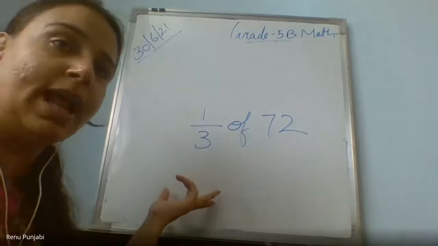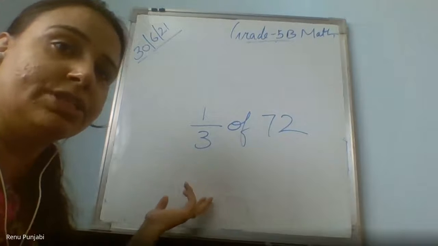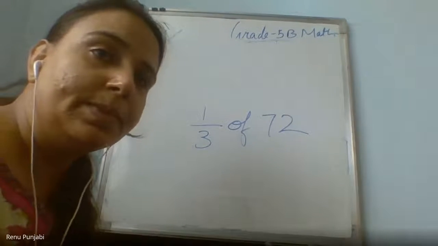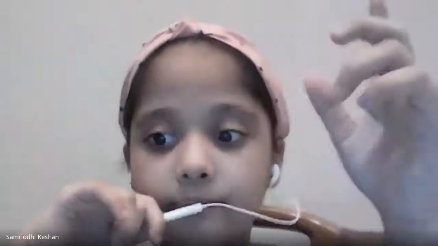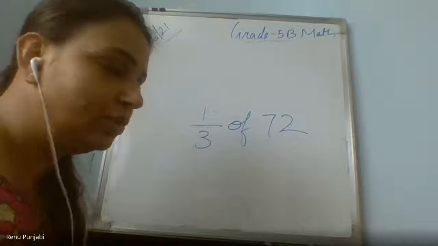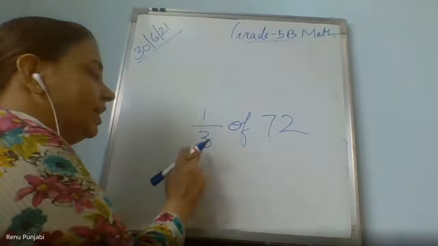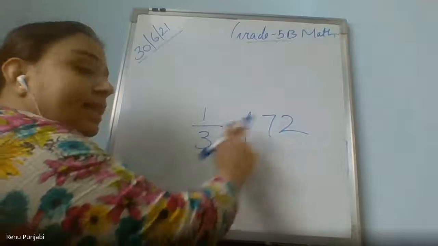So are you clear how to solve these questions, Samriddhi, first of all? Yes, ma'am. But ma'am, in this confusion of answer, first I divide, so the answer is coming, and second I divide one more time, and both answers are different. No. You tell me. In the table of 3, it is divisible, 72.